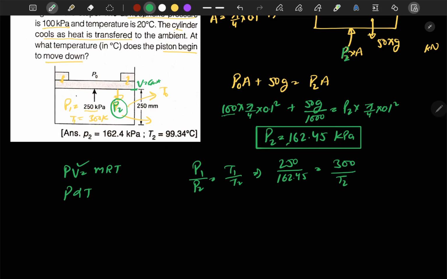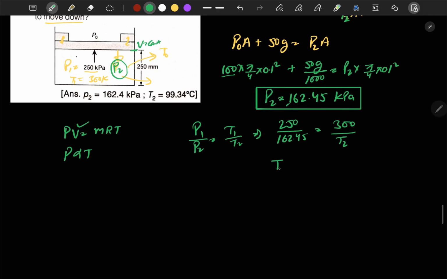Okay, so into 250, we calculated the temperature T2, which came out to be 194.94 Kelvin.